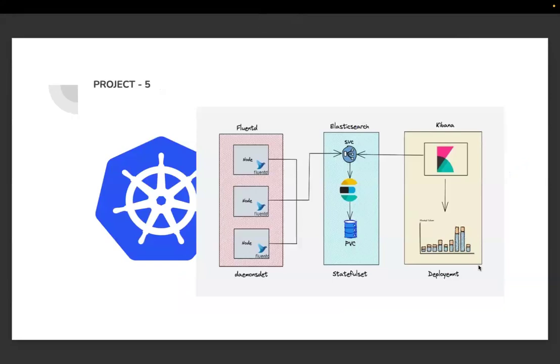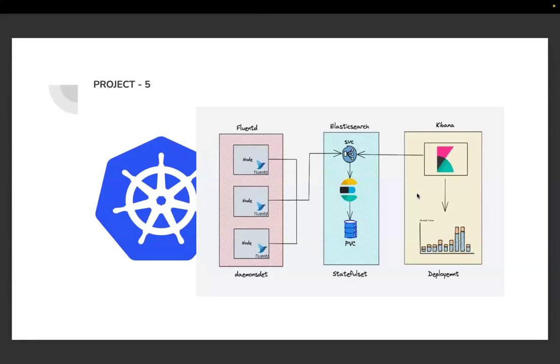Elasticsearch, Logstash, Elasticsearch, Fluent Bit and Kibana. How to fetch the logs generated by your application from the Kubernetes cluster, how to send them to Elasticsearch, and from Elasticsearch you can view the logs on the Kibana dashboard. All these things are real use cases which we are discussing as projects.